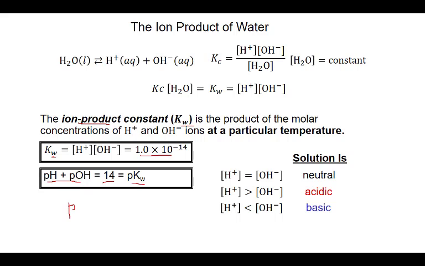So pH is equal to minus log of hydrogen ion concentration. pOH is minus log of hydroxyl ion. When you say pKw, it is equal to pH plus pOH.